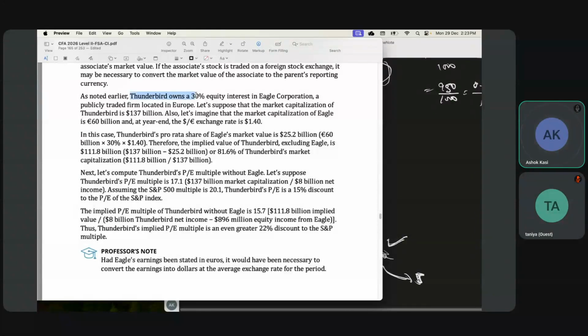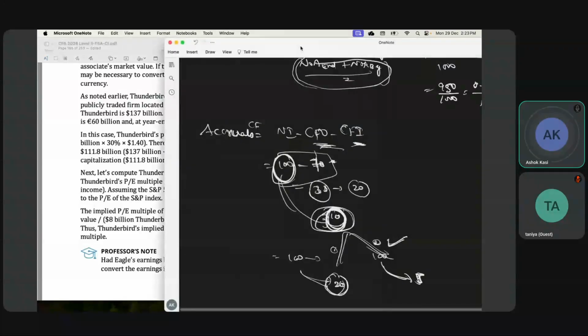So Thunderbird owns 30% equity interest in Eagle Corporation. I'll just write down all these points.